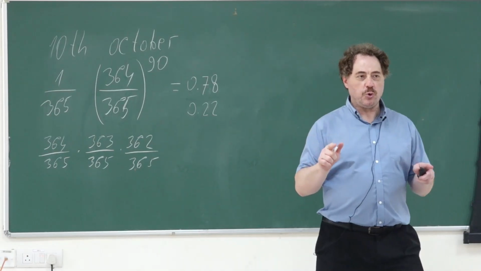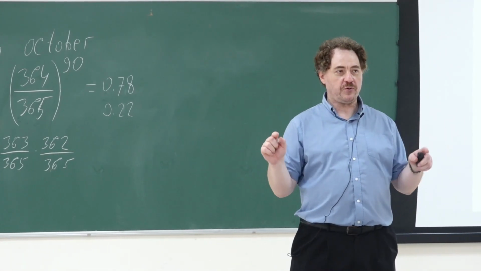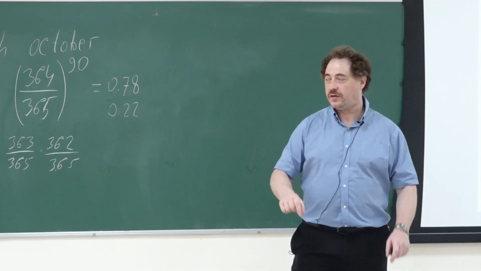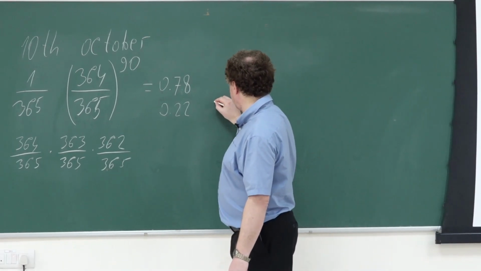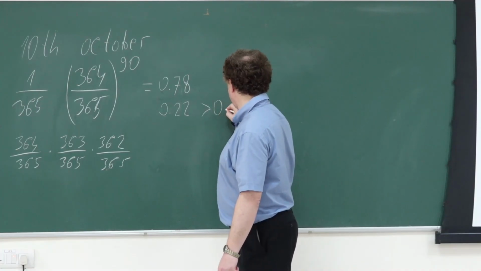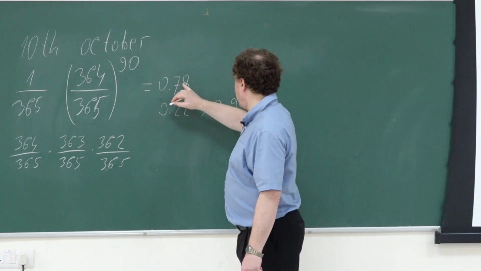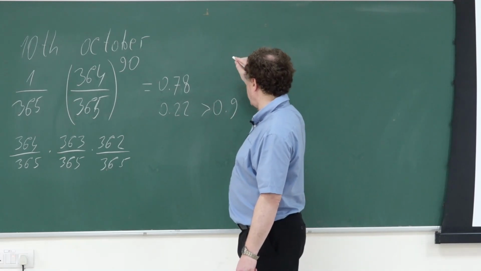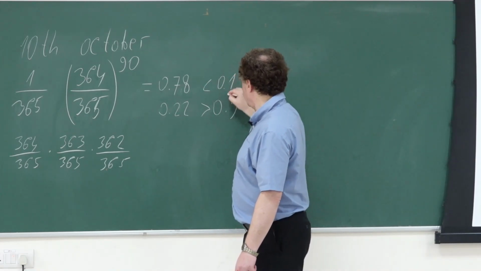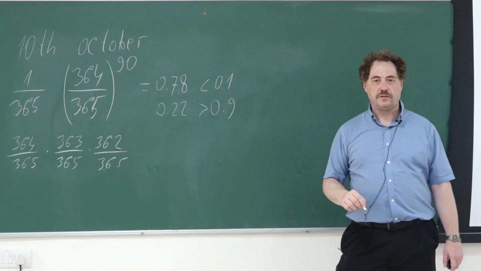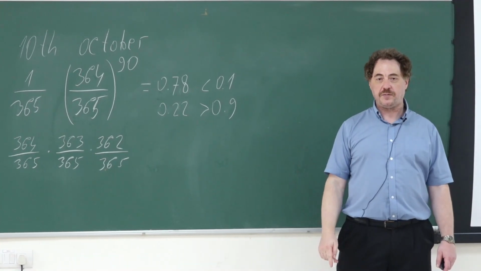For the two of you, for having a pair of people with the same birthday in this room, the probability of a successful attack would be more than 0.9, and the probability of withstanding the attack would be less than 0.1. So with high probability, two of you have a birthday on the same day.